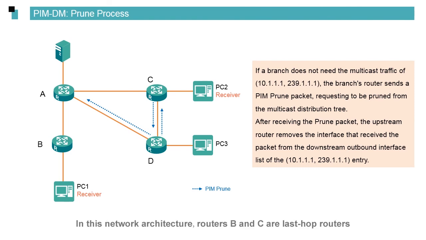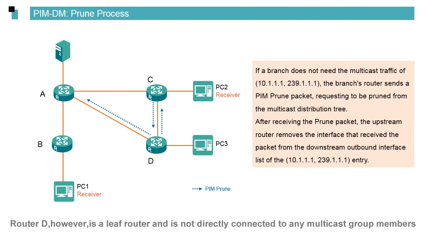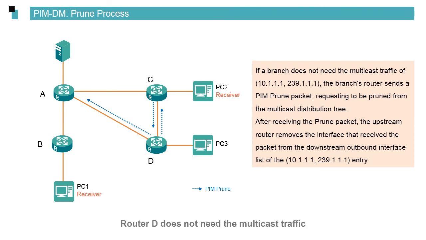In this network architecture, routers B and C are last hop routers because they are directly connected to multicast receivers of the group. Both routers B and C need the multicast traffic. Router D, however, is a leaf router and is not directly connected to any multicast group members. Router D does not need the multicast traffic.